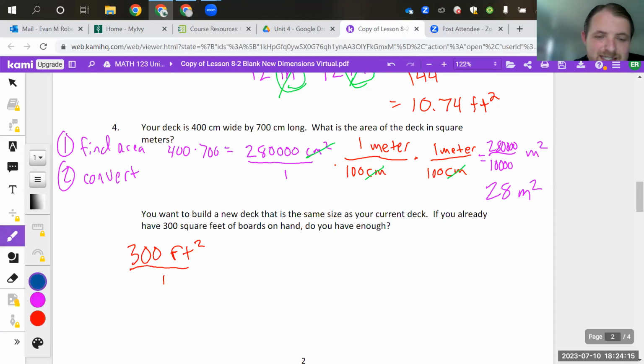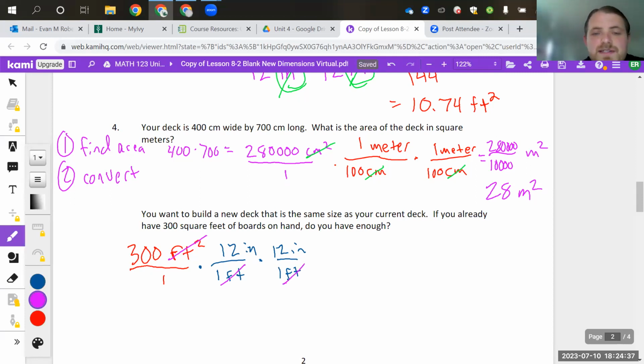We should probably convert this to inches first. So for every 1 foot, that'll be in the bottom, there's 12 inches. Again, that blue will not be enough. I need a second one because of the squared. But now I'm in inches.